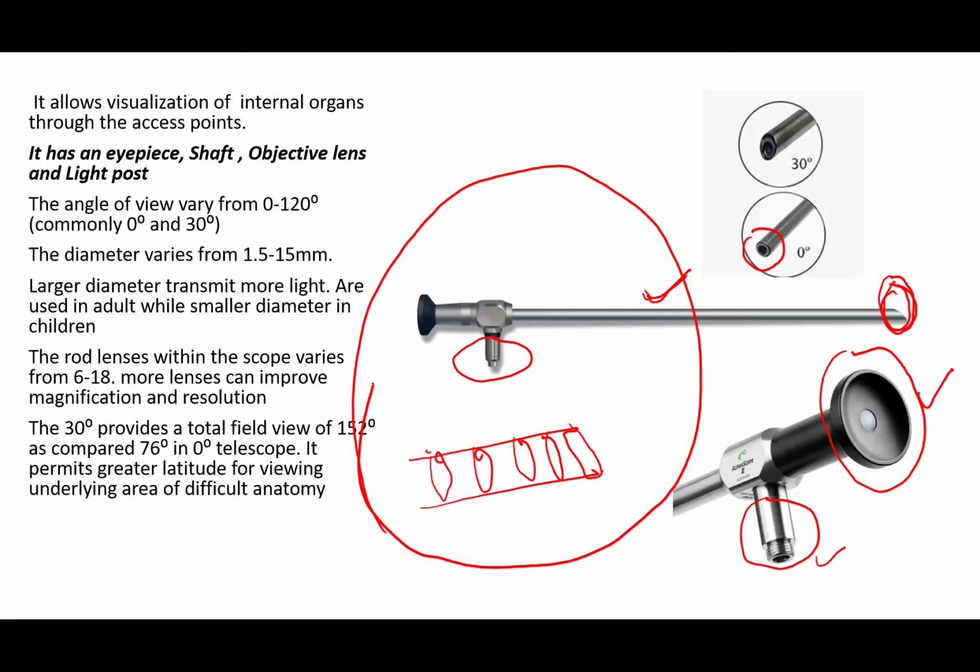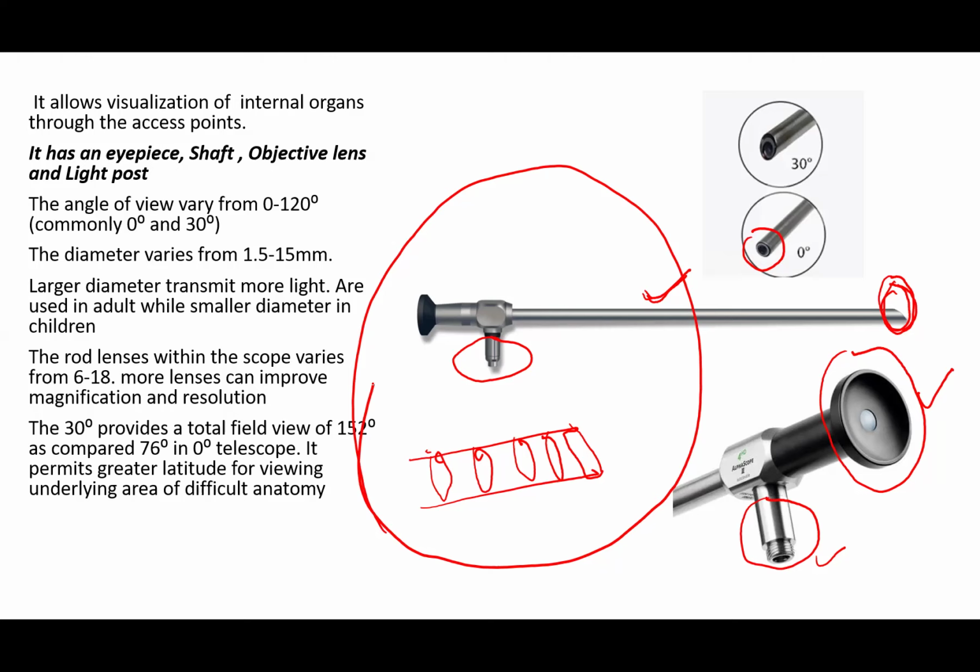But you should know that another challenge, and why it's very difficult for a beginner to use the 30-degree telescope, is when the light source rotates.